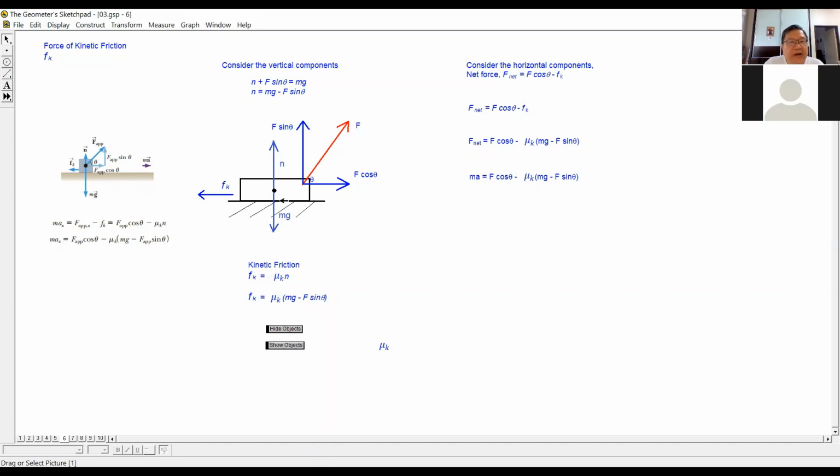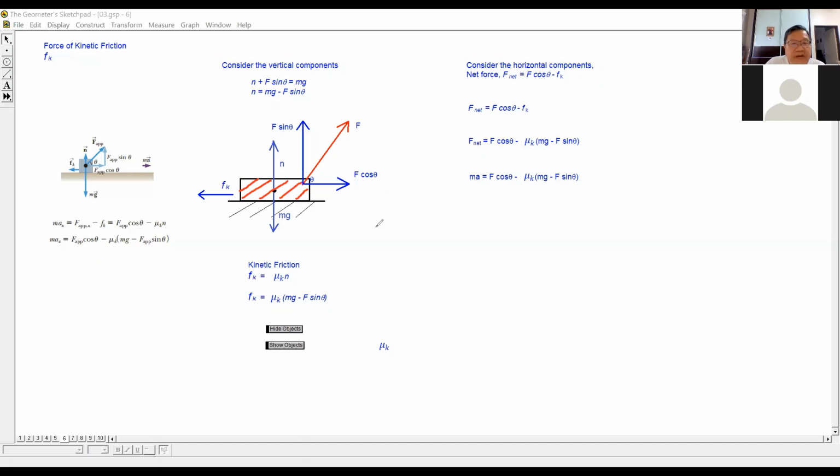One object is resting on the surface. This rectangular object is resting on the surface.